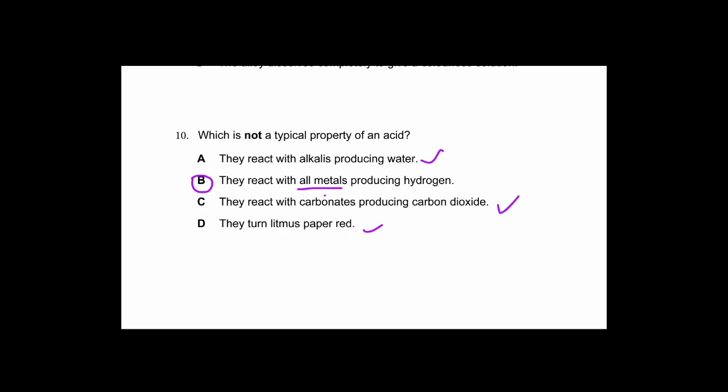That's the reason why, when we are giving the properties of acids, we say reactive metals react with acids to form salt and hydrogen. We don't just say metals. We say reactive metals because we understand not all metals react with acids. Very good. Moving forward.